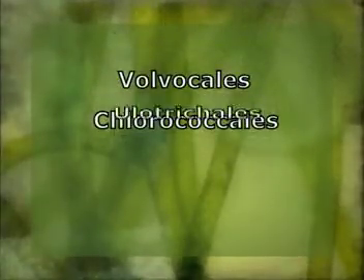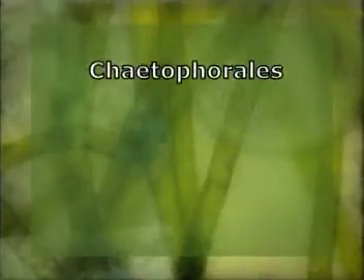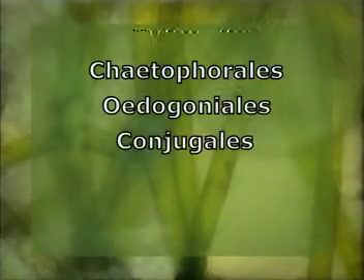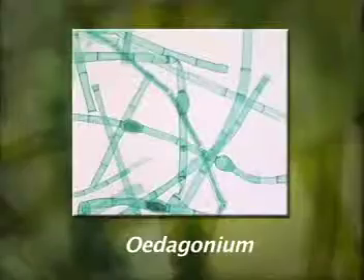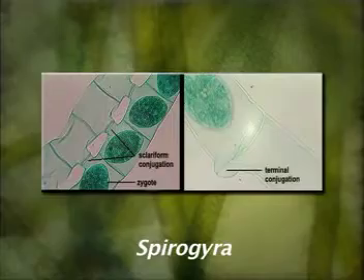Chlorophyceae have been divided into 9 orders: Volvocales, Chlorococcales, Ulotrichales, Cladophorales, Chaetophorales, Oedogoniales, Conjugales, Siphonales, and Charales. All the members of Oedogoniales and Conjugales are freshwater.